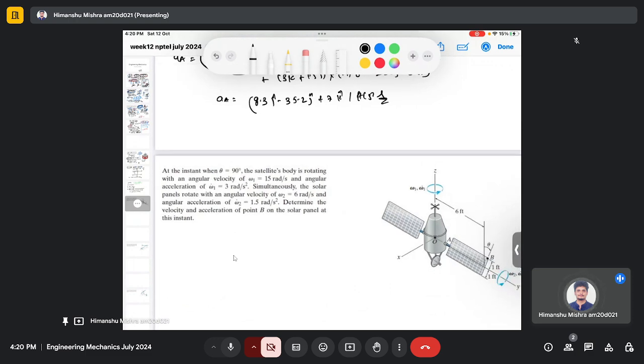So here at the instant when theta equals 90, the satellite's body is rotating with an angular velocity of omega 1 and angular acceleration of omega 1 dot. Simultaneously, the solar panels rotate with an angular velocity of omega 2 and angular acceleration of omega 2 dot.